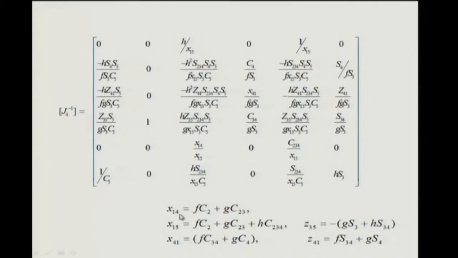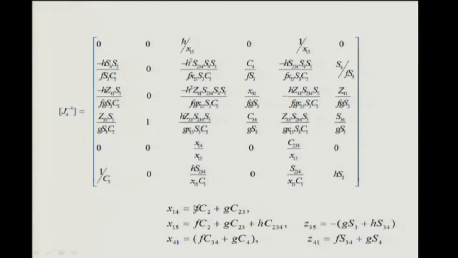These terms which you see down there, x14, fc2, are the coordinates of the origin of the first coordinate system expressed in a frame attached to the fourth coordinate system. Similarly, z41 is the z coordinate of the fourth coordinate system expressed in the first coordinate system.